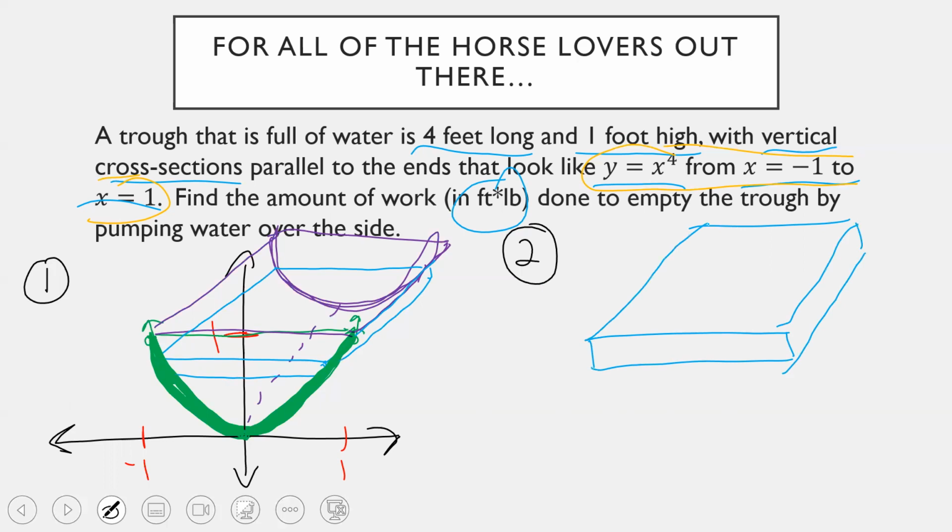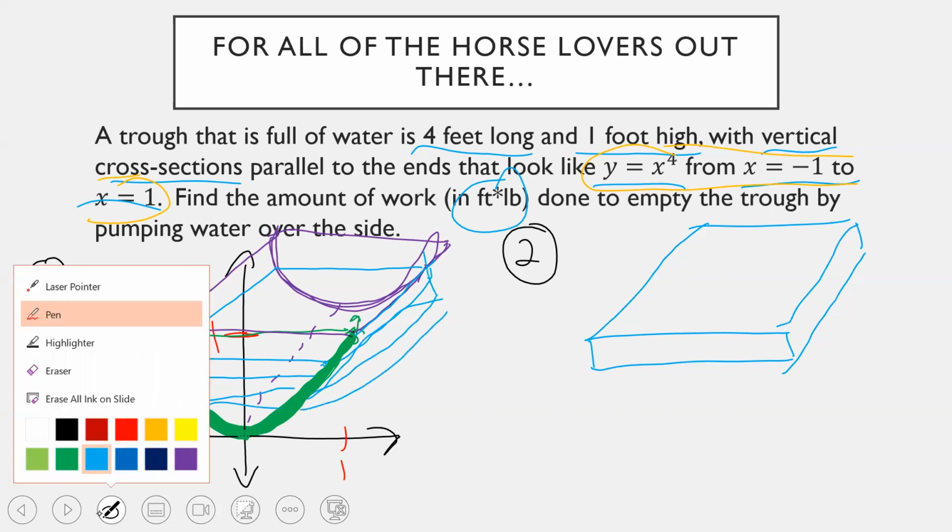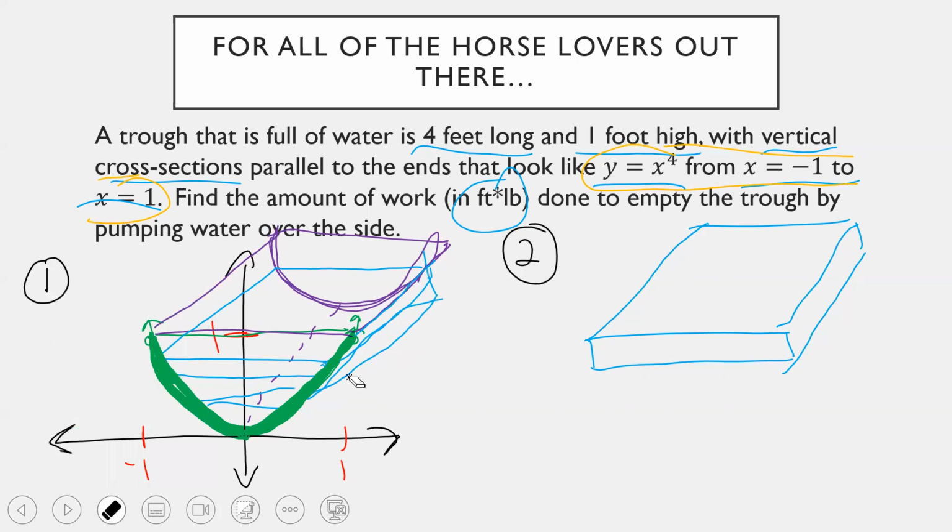Okay. And we want to figure out what the volume of that representative layer is. And again, if you're wondering why I'm doing that or why I thought of it that way, hopefully you can see that I could draw another layer, whoops, kind of below it, and another layer below that, and kind of mark off all the different layers of the trough from top to bottom.